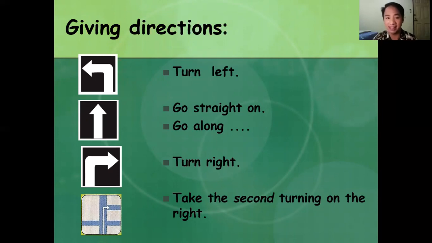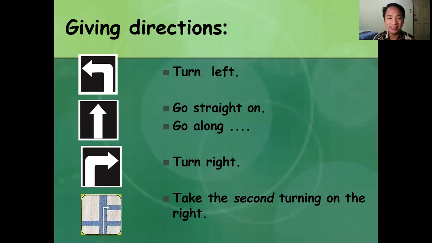So this is the sign. Okay, so remember the sign and the direction. This sign indicates turn left. This sign indicates you have to go straight or go along. And this sign indicates turn right. And this sign indicates you have to take the second turning on the right. Okay? So you remember the sign and the directions.